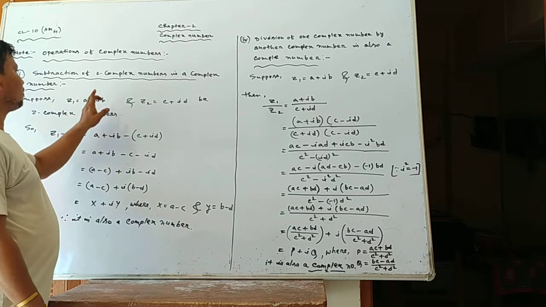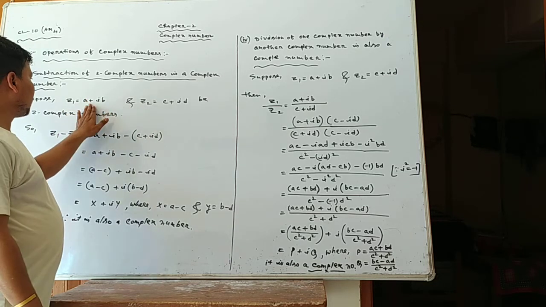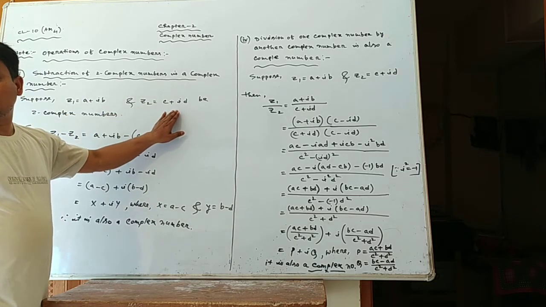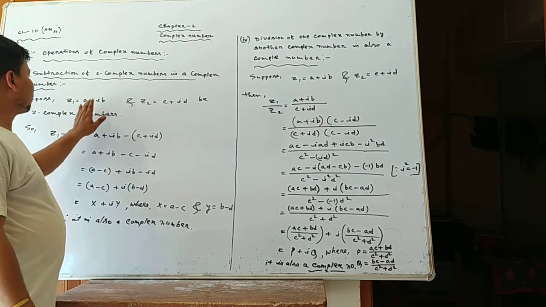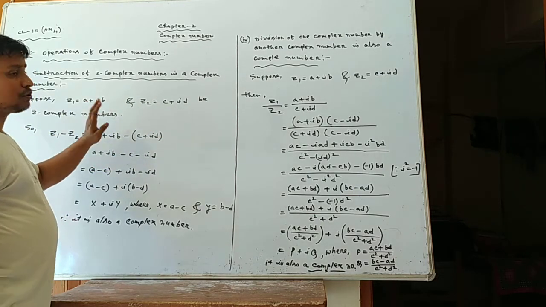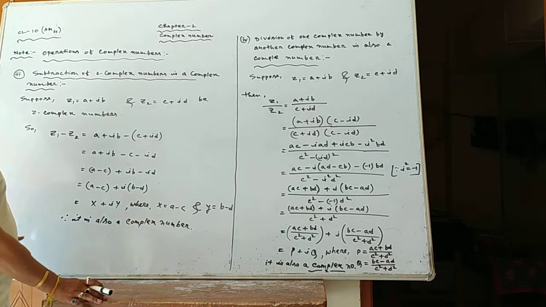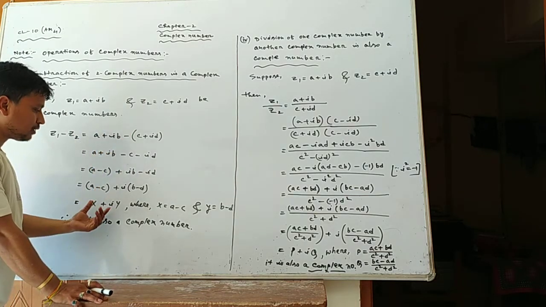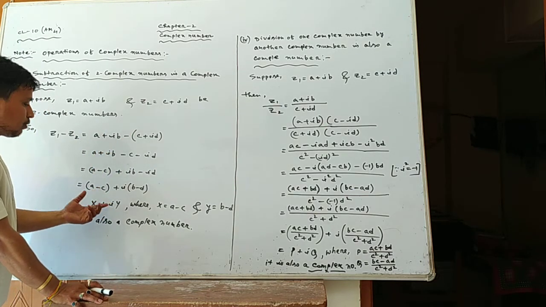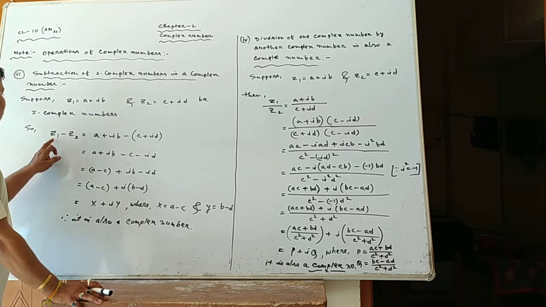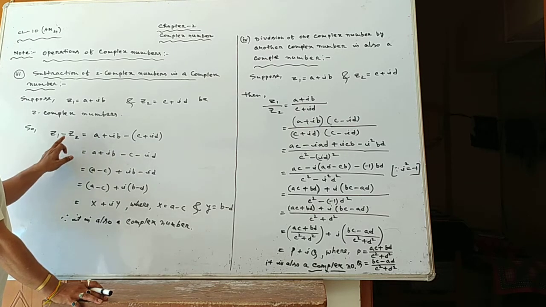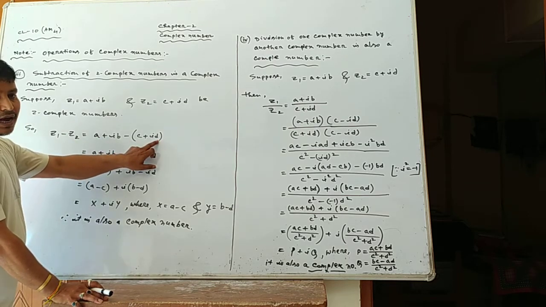According to this operation, subtraction, suppose Z1 minus Z2. The subtraction of these 2 complex numbers is also a complex number. That means after subtraction, whatever number you get is also a complex number. So Z1 is A plus IB, minus Z2 which is C plus ID.